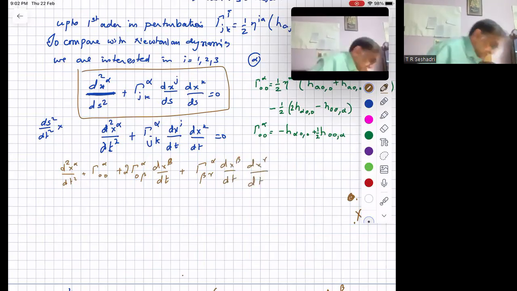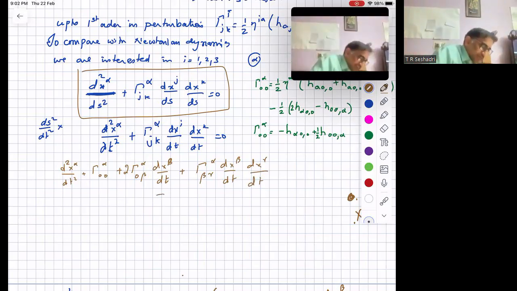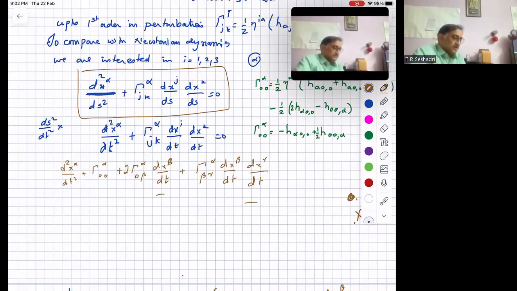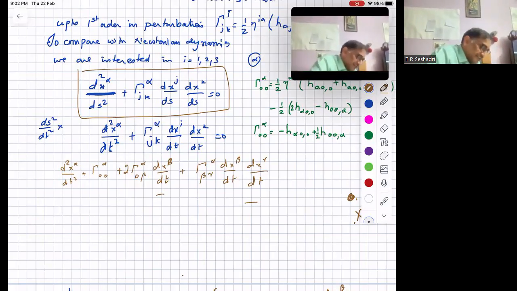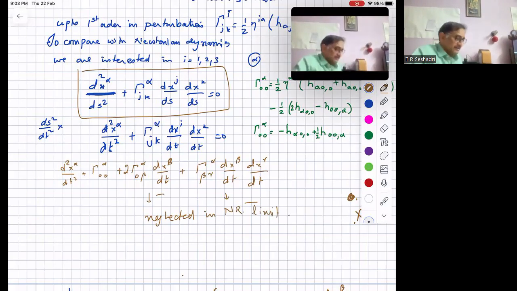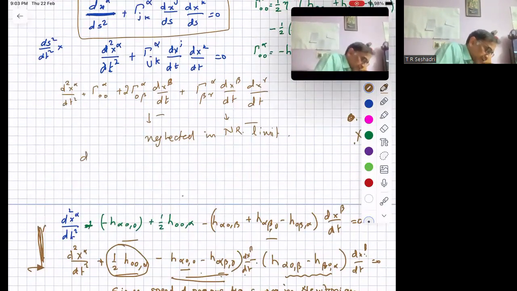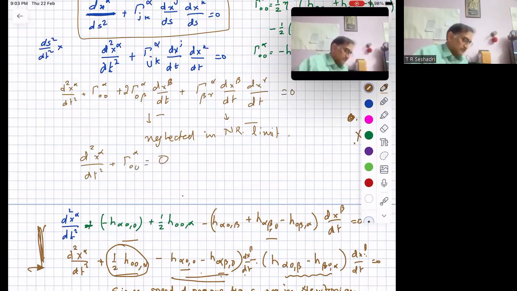Now all you need to see is that these are all velocity dependent terms. So in the limit of non-relativistic things, these things can be neglected. And so we are left with only d2x alpha by dt square plus gamma alpha 0 0 equal to 0.